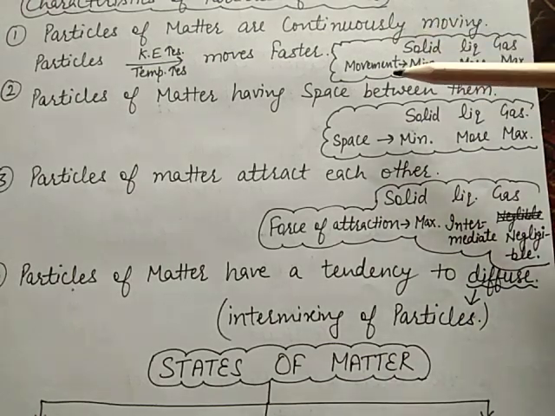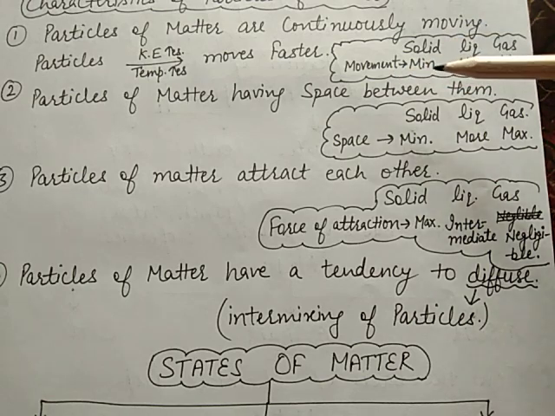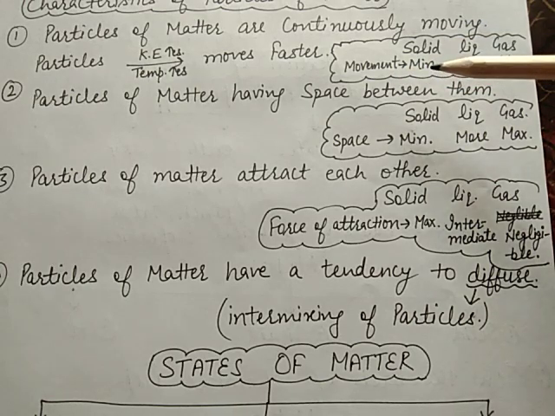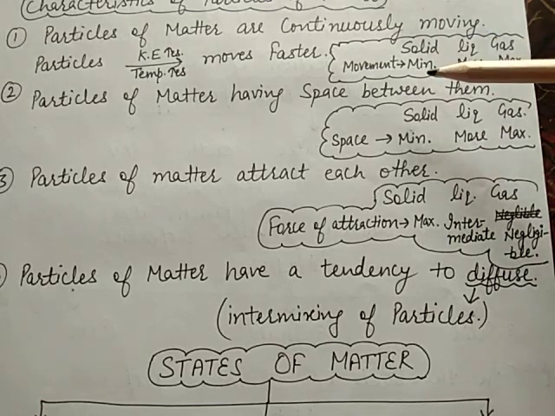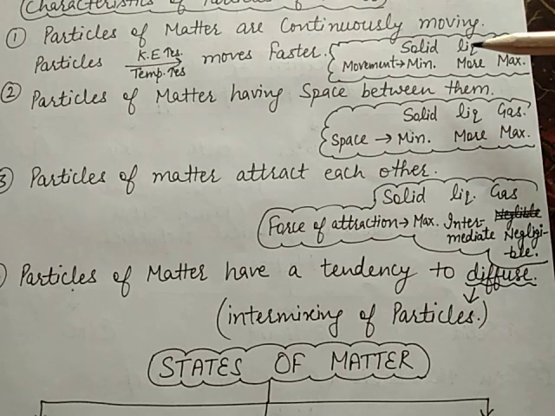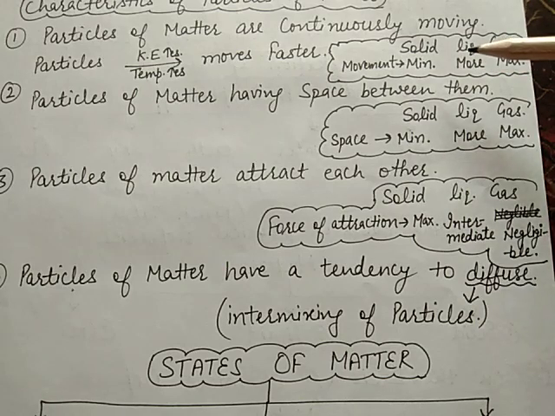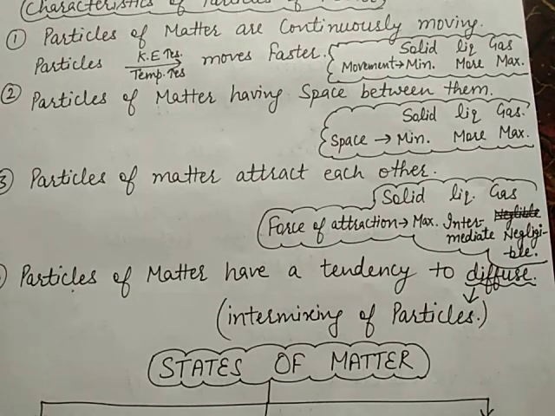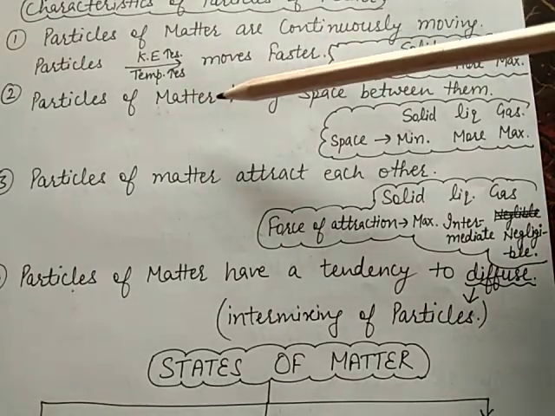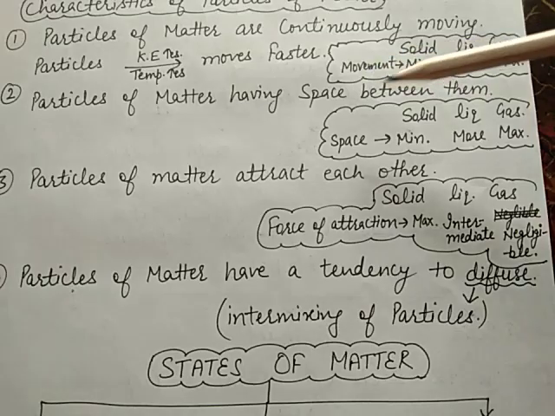This movement is minimum in solids because in solids less space is available, but more in liquids because some space is available in the liquid form, and in gases it is maximum because more space is present between the gas particles. Next characteristic is that the particles of matter have space between them.